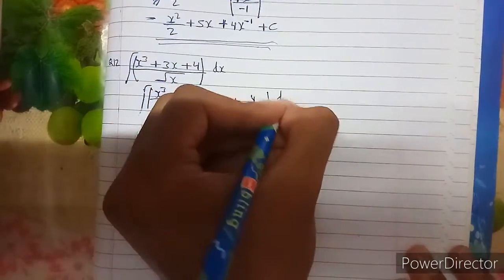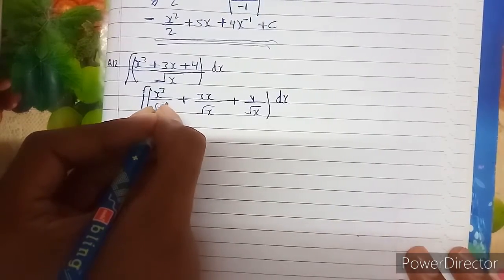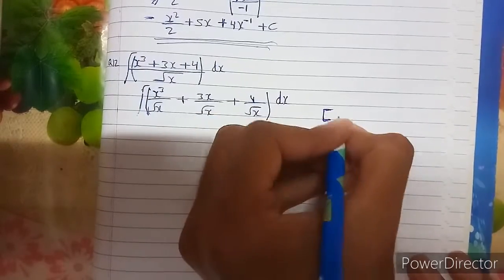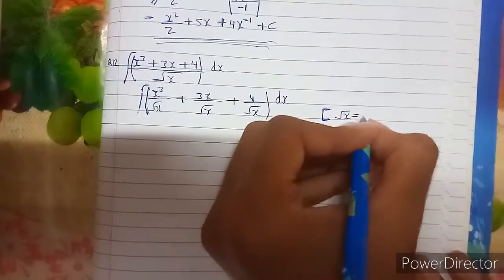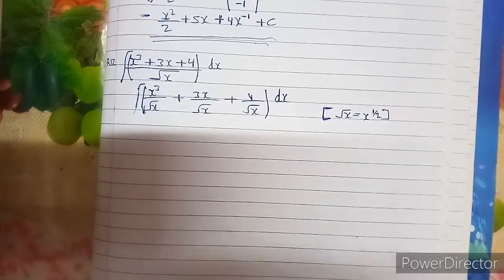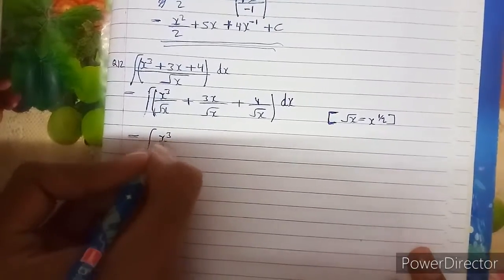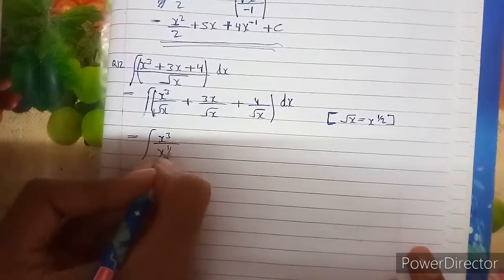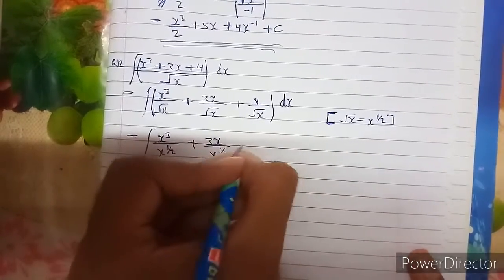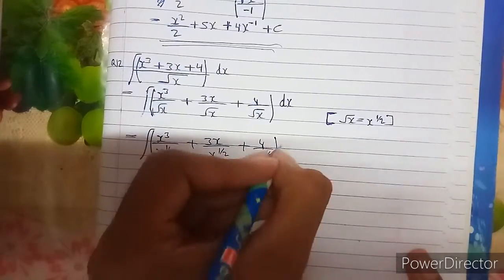Now we can write this root as power 1 by 2. I think you know this, that we can write it like this. So we can write it as x cube upon x to the power 1 by 2 plus 3x upon x to the power 1 by 2 plus 4 upon x to the power 1 by 2, whole dx.